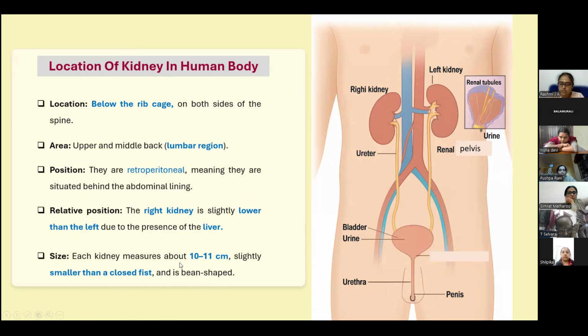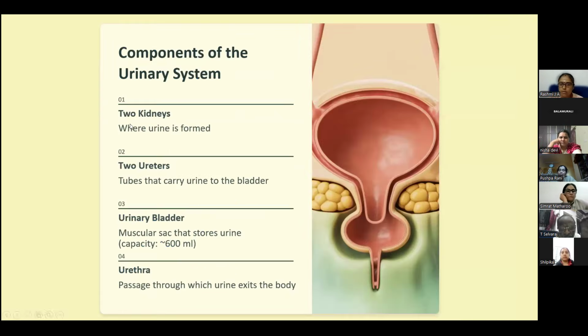The size of the kidney is smaller than a closed fist. If you close your hand like this, the kidney will be smaller than this. For whoever, it will be smaller than your own fist. Now, components of the urinary system. It has two kidneys, one on the right, one on the left.